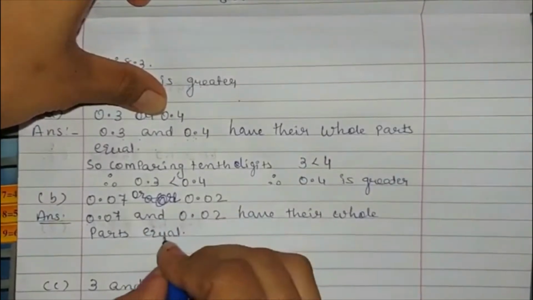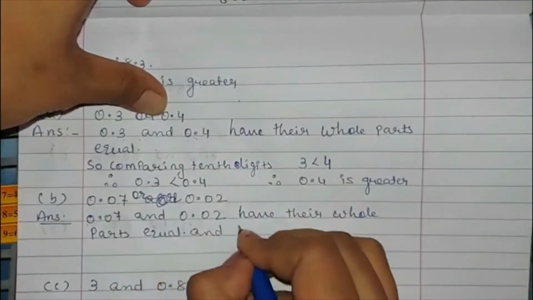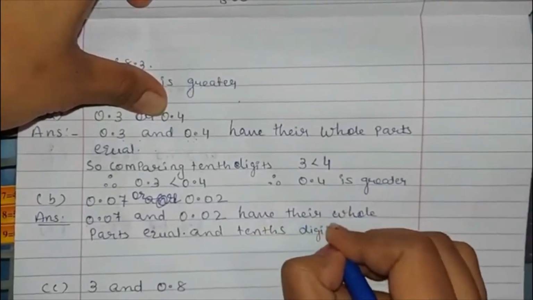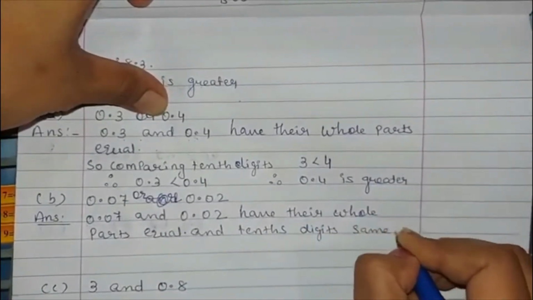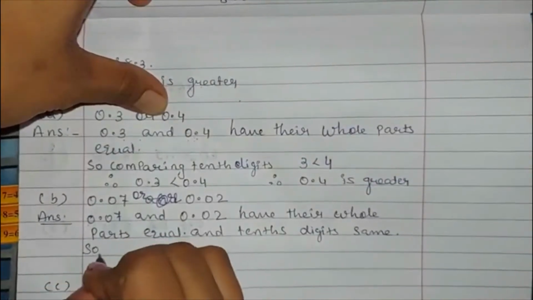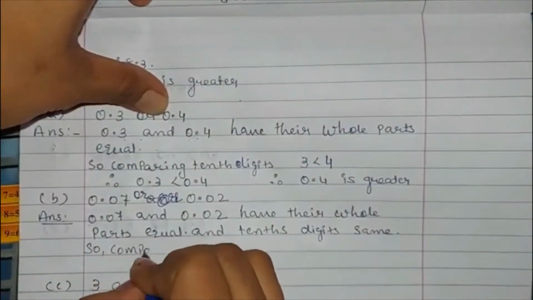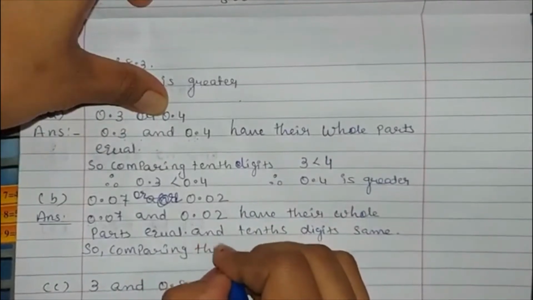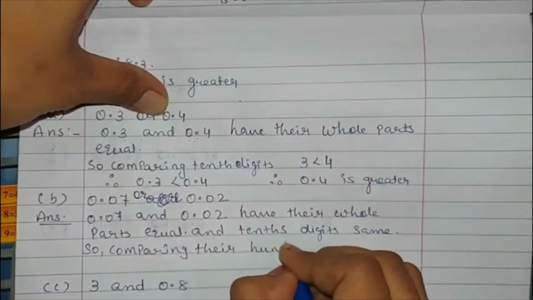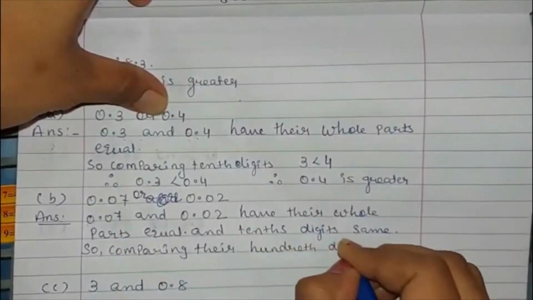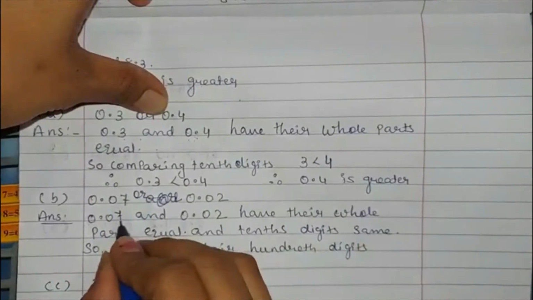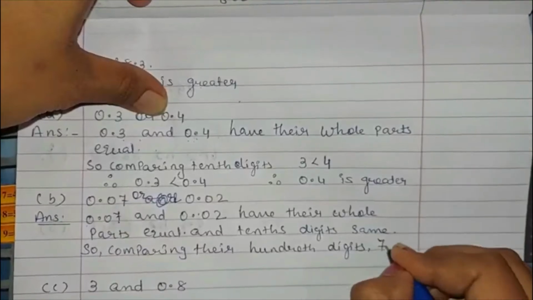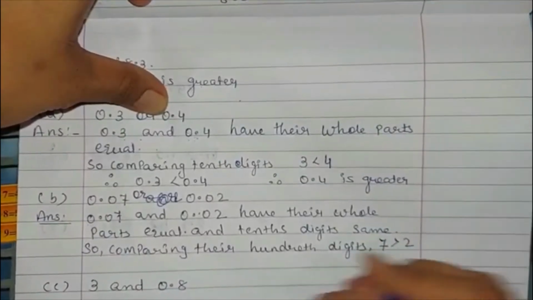So whole parts and tens digits are also the same. Now for comparing, which digit are we going to see? For comparing, the hundreds digits. At the hundreds digit, which values are there? 7 and 2. 7 is greater than 2.